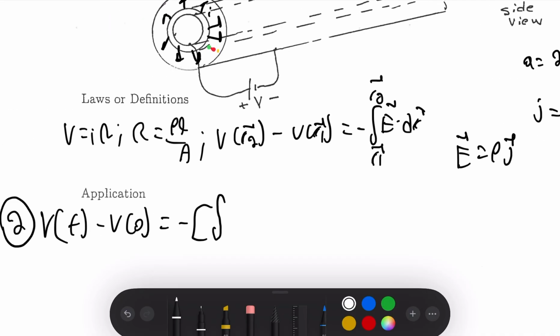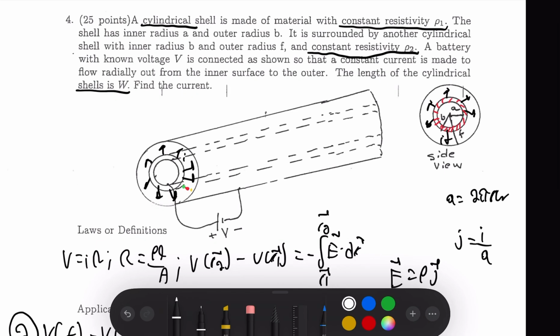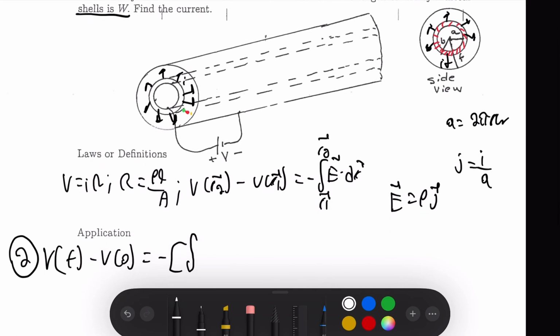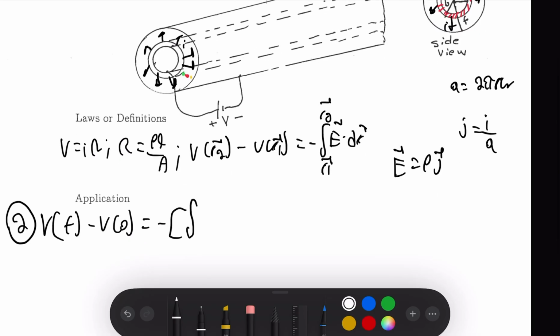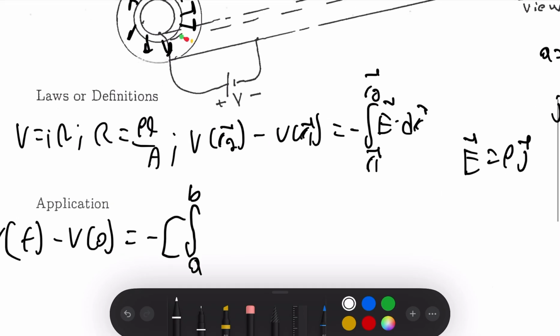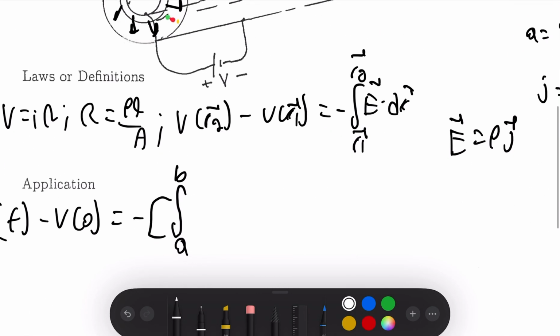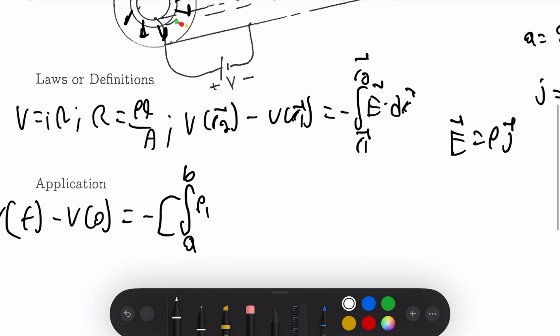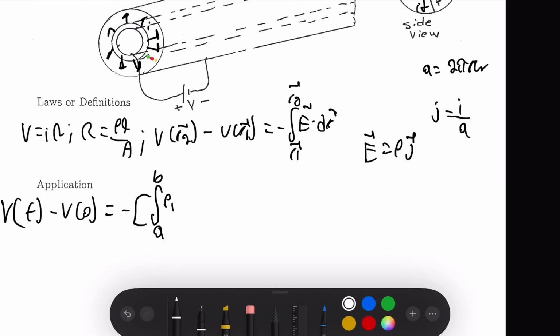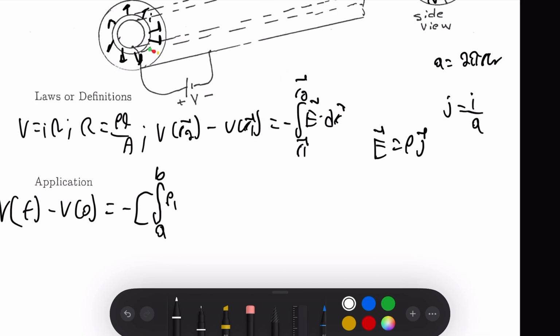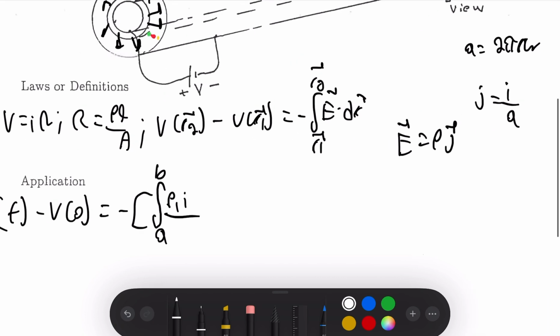So my first region would be from 0 to A, right? But there's no charge enclosed in there, so I'm skipping that. My next region would be from A to B, right? And my electric field is rho J. Rho for that region is rho 1. Rho 1 times J, which is current divided by the area, which is 2 pi RW.